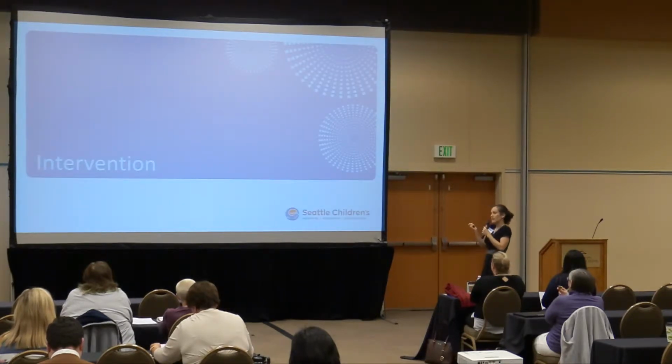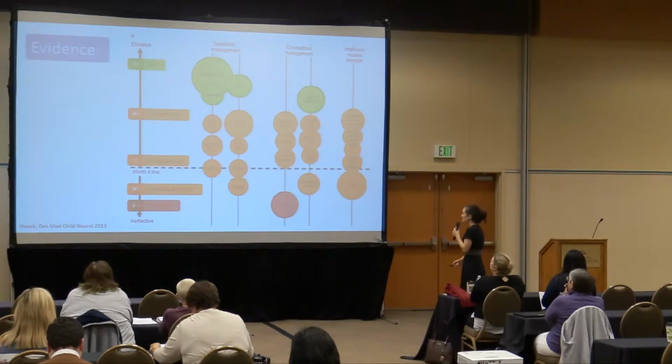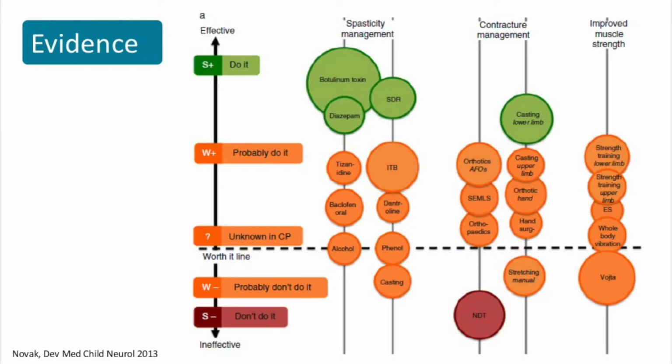So what do we do about it? Now, there's some evidence in CP. This is a great article by Iona Novak from 2013, so it's not super up to date, but it's the only systematic review in cerebral palsy as it pertains to intervention.